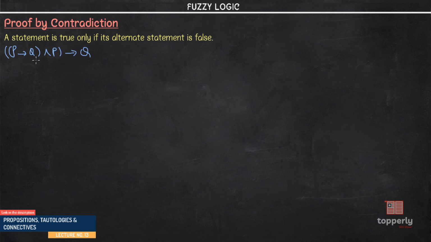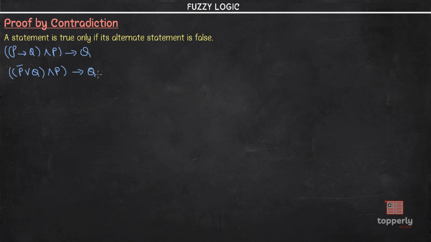So we can write P implies Q as P bar disjunction Q. Now I can expand this again with implication, as in this term implies Q. So I can write it as ((P bar disjunction Q) conjunction P), the whole bar, disjunction Q. And let's put this as expression 1.